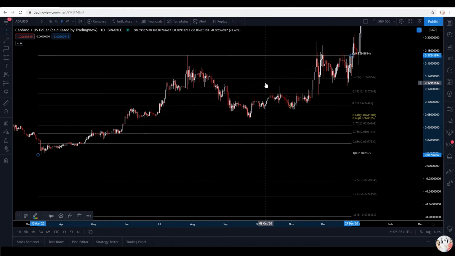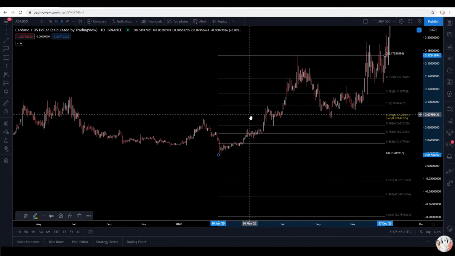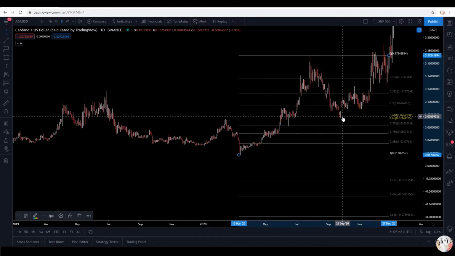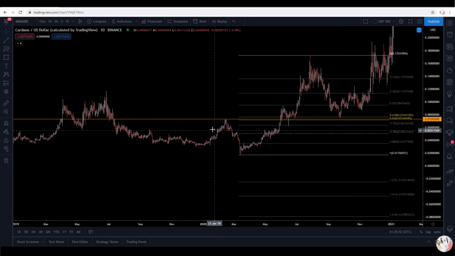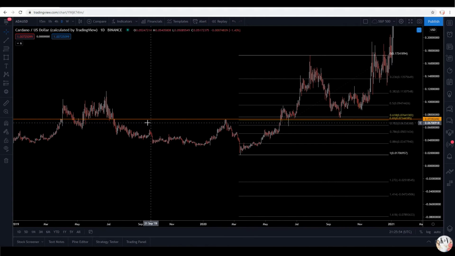And as well, you don't want to just look at one tool and say, okay, if the price came to 0.61, I'm buying for sure. You want to look left, if you have where to look, and see, did we have some significant levels in this area? In this case, yes, we had some resistance here.